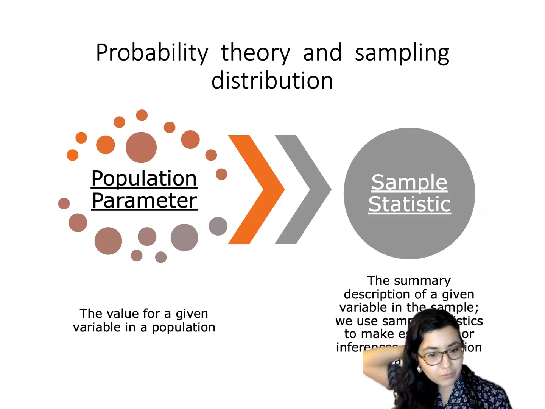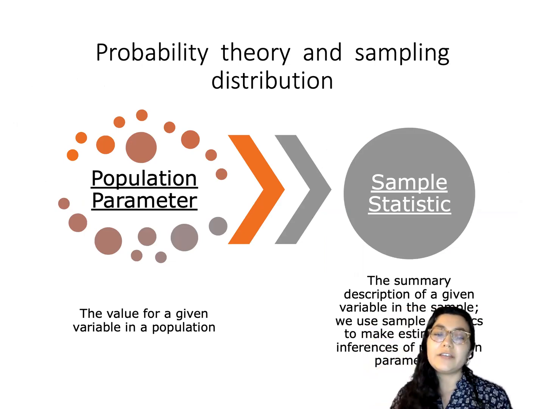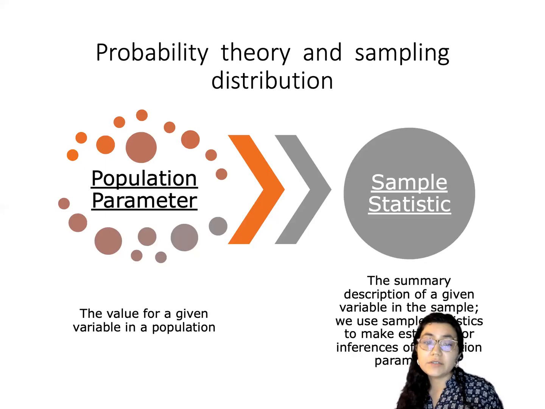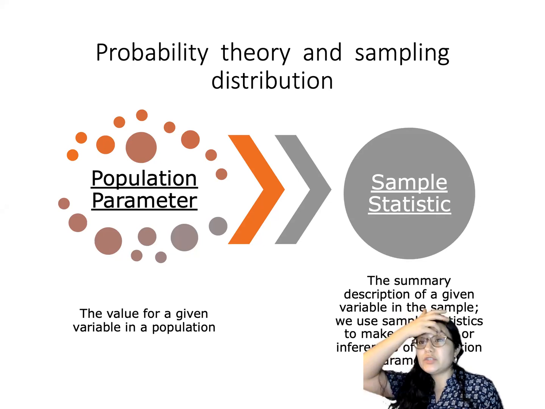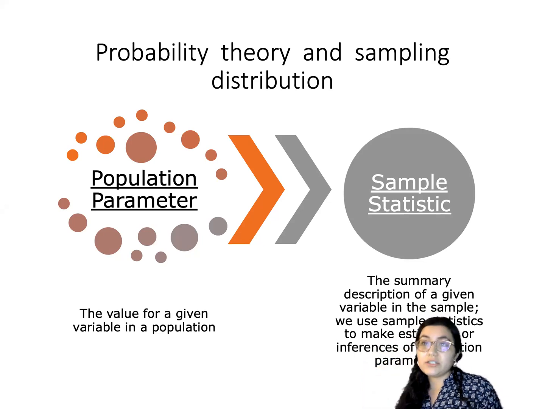So a population parameter is the value for a given variable in the population. And this population parameter is really important because it gives us a metric by which we can determine whether or not our standard error, the error that we have in our sampling methods, is close to that population parameter.